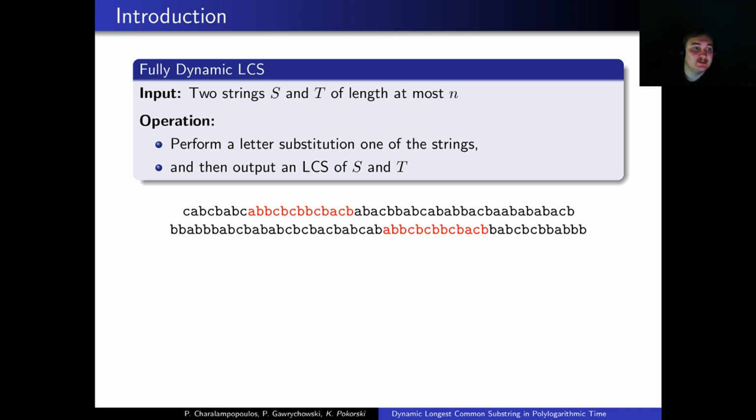We can choose any letter, in S or T, at any position, and replace it, and we still want to know the LCS after such an update. We can replace a letter, and potentially the LCS is now completely somewhere else. We can replace a letter in the other string, and the LCS can again be in a completely different place.